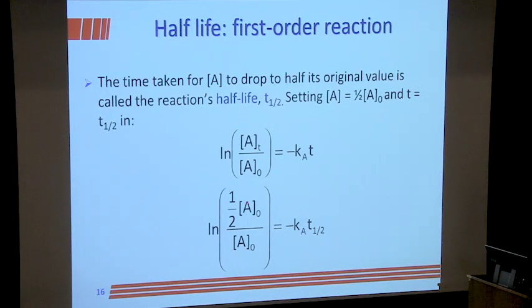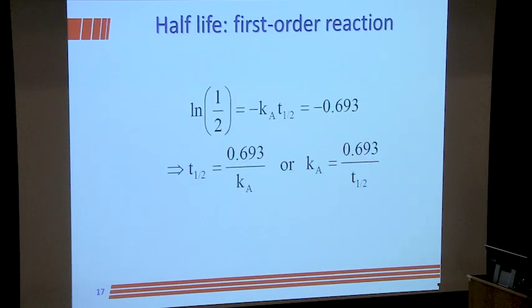We can see clearly here the concentration of A at time 0 will cancel. So we have the log of a half is equal to minus k times t half, for the half-life. So we have the half-life is 0.693 over the rate constant, or the rate constant is 0.693 over the half-life for a first-order reaction.